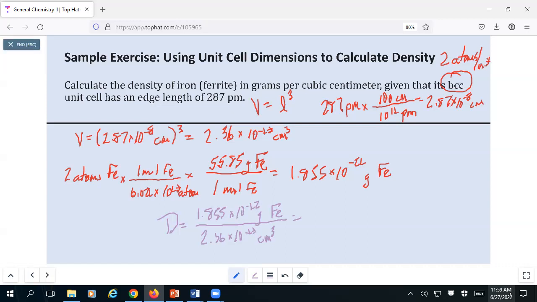Three significant figures, 7.86 grams per cubic centimeter for iron here.